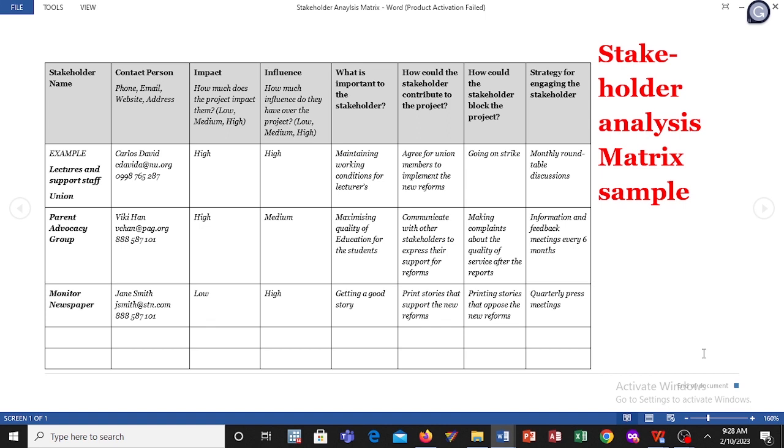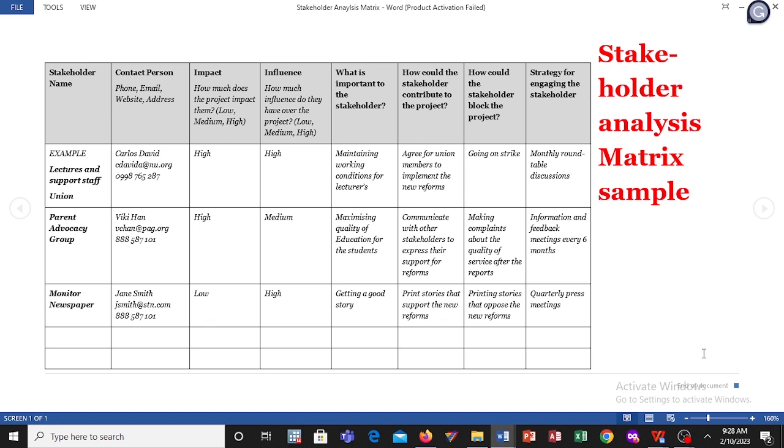How could the stakeholder contribute to the project? Agree for the union members to implement the new reforms. So in this project, we are making an assumption that there are new reforms, and if they agree in their trade union and argue for them and they're beneficial to the growth of their university, they will implement the new reforms.